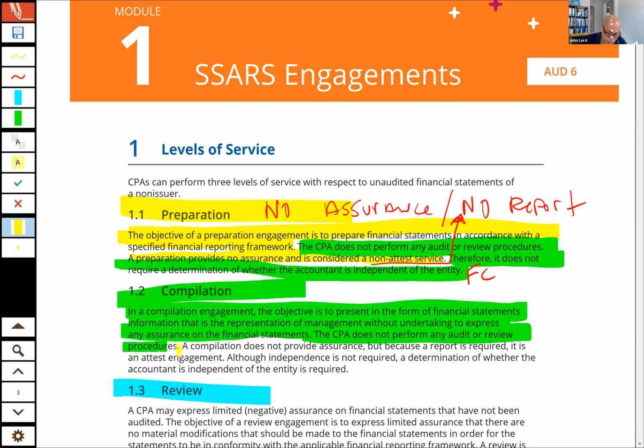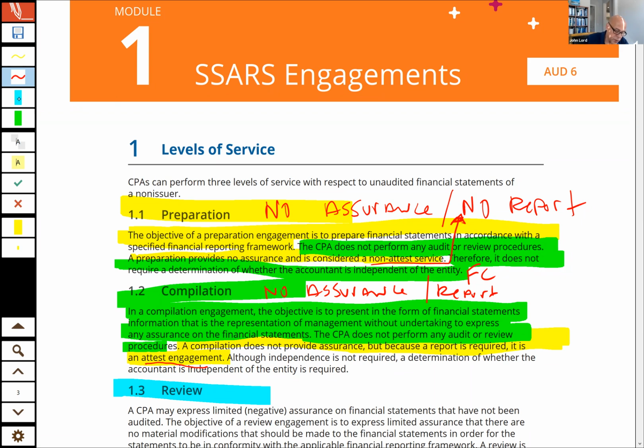And then we say that a compilation does not provide assurance because the report does not provide assurance, but a report is required, therefore it is an attest engagement. So with a compilation, no assurance, but we do prepare a report. And since there's a report, it is considered to be an attest engagement.